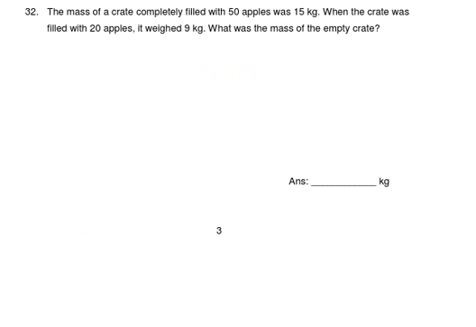This 15 kg, other than the 50 apples, what does it also consist of, Gabriel? The weight of the empty crate, right? So this 15 kg also includes the weight of the empty crate. Right, when the crate was filled with 20 apples, it weighed 9 kg. What was the mass of the empty crate?